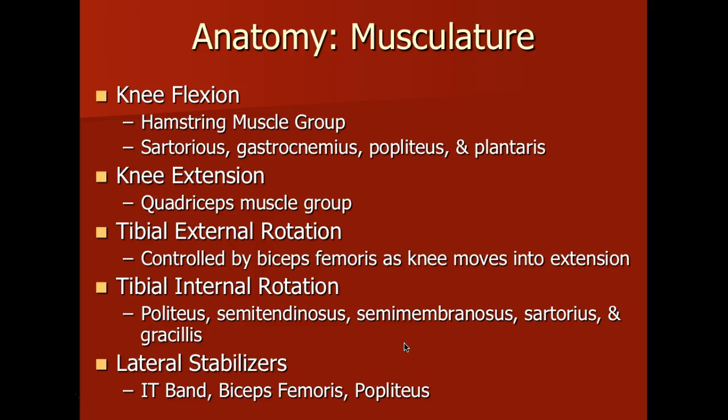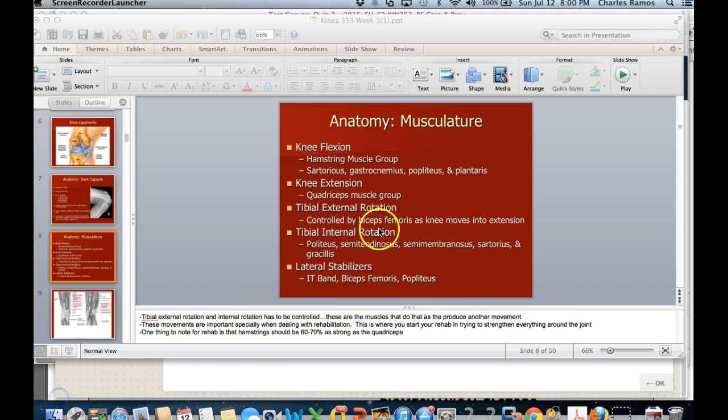The reason that you strengthen these is because as the athlete returns to normal activities, you want to make sure that they're stable and that they can rely on their knee and the musculature around the knee to help keep that knee intact and not allow too much valgus or varus movement within the knee.